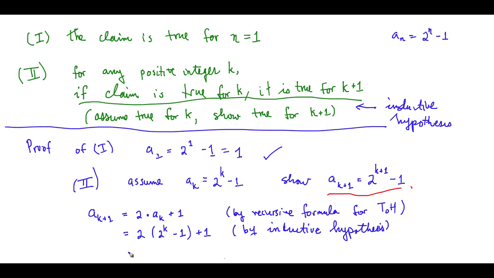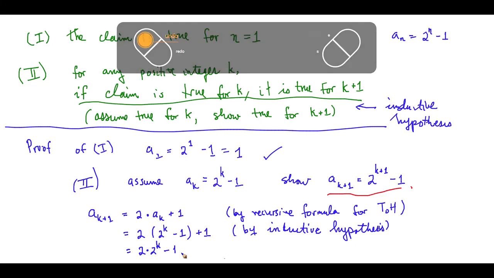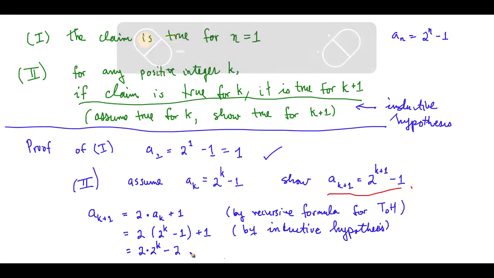And now what's left for us to do here is just to work out a little bit of algebra. So 2 times 2 to the k, to distribute this is 2 times 2 to the k minus 2, and then you have this plus 1 here.